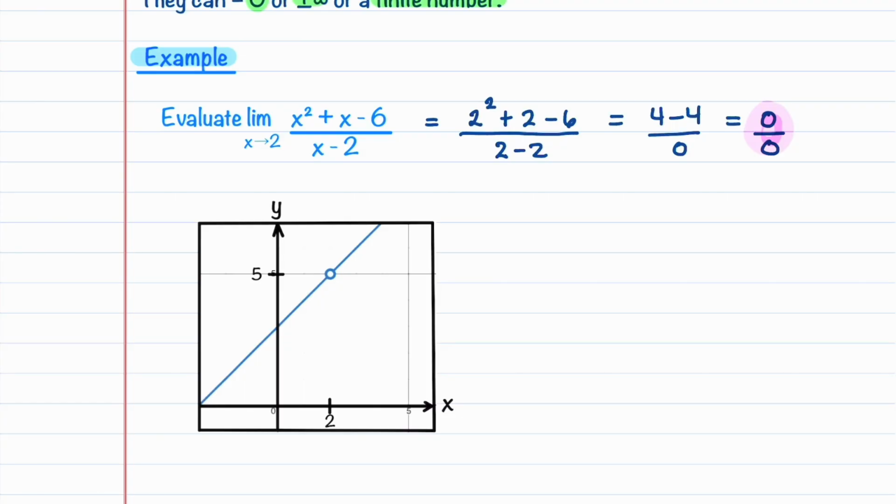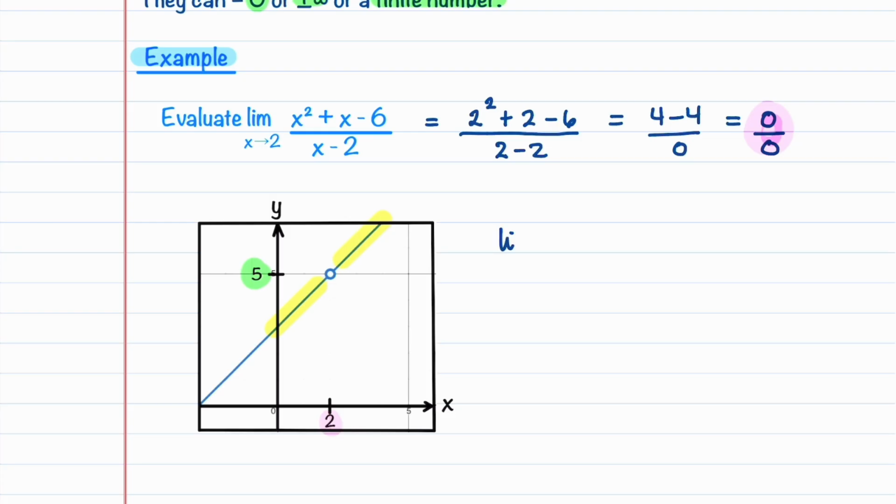To find out what this limit equals, we can look at its graph. The blue line is the graph of x squared plus x minus 6, all divided by x minus 2. To evaluate the limit of this function at x equals 2, we look at the limit from the left and the limit from the right, and we can see that that limit is going to equal 5.